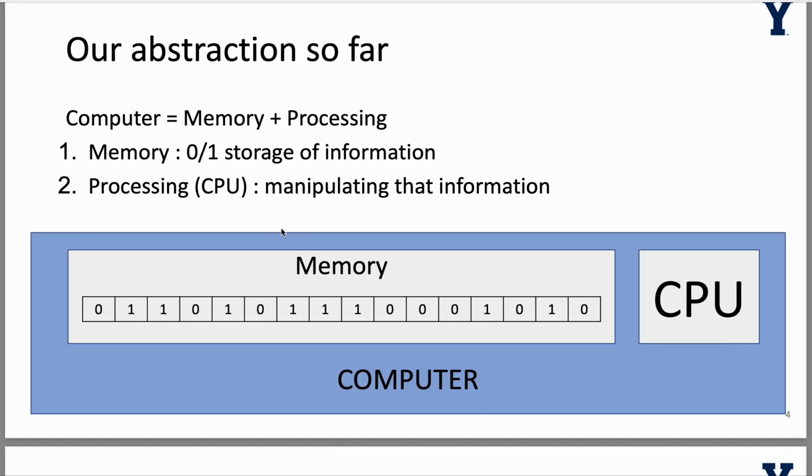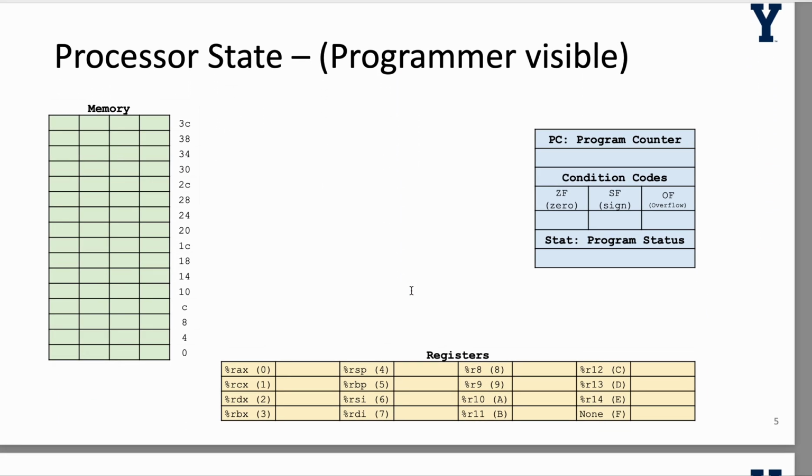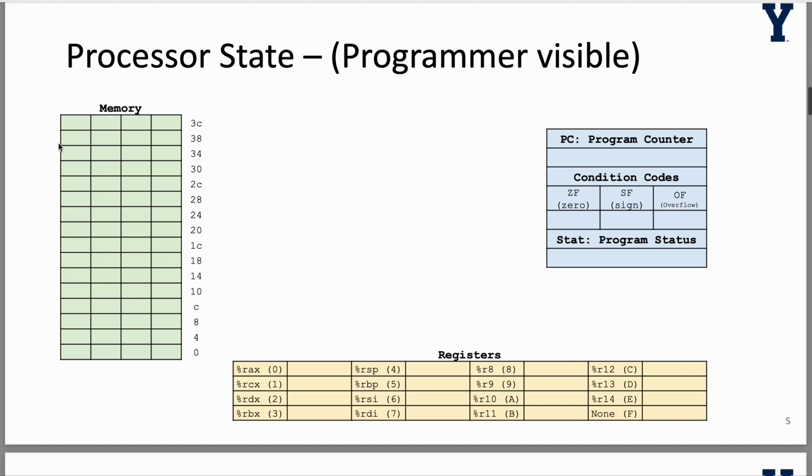So we've talked about this before, that you've got this memory, which is just zeros and ones. Your central processing unit then becomes the unit that will access memory and actually make things happen. And really the programmer's state is going to be all of memory. It's going to be your registers, and we have a very small number of registers in this Y86.